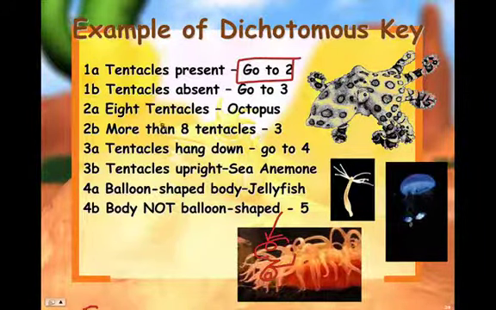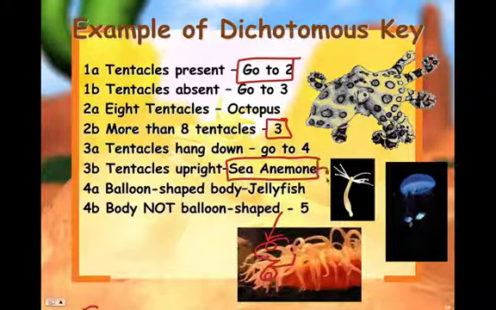We go to number 2, 8 tentacles, more than 8 tentacles. It has more than 8, so it says go to number 3. Tentacles hang down, or tentacles are upright. Tentacles are upright, so this then is your sea anemone. That's how a dichotomous key is supposed to correctly work.